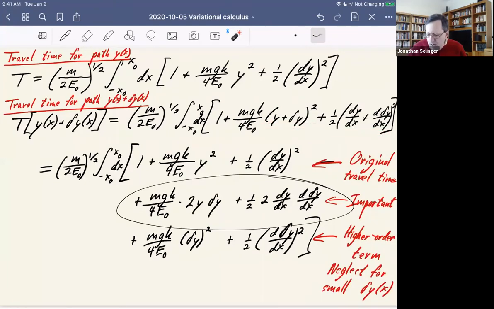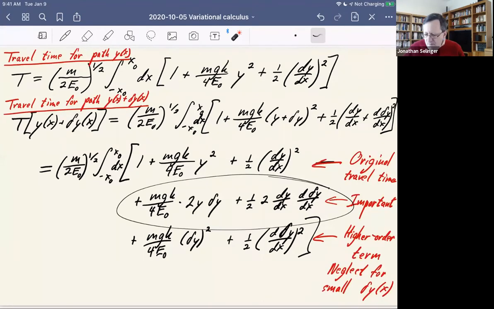And then I organized the terms based on what power of delta y each term has. So this first line is for terms that have 0 powers of delta y.